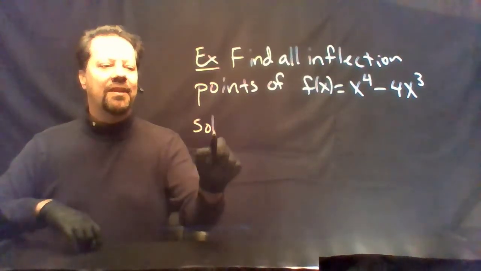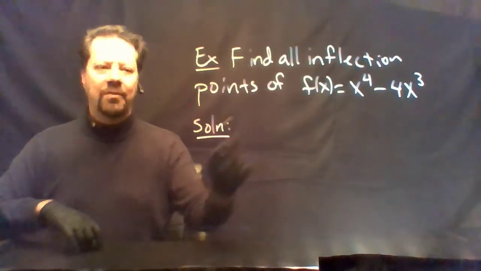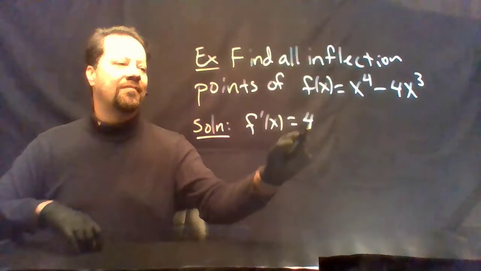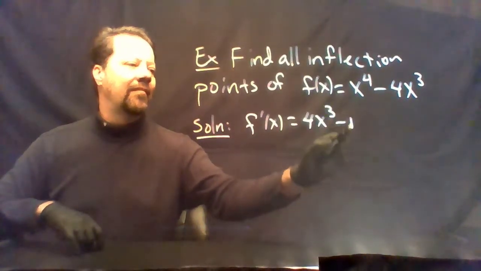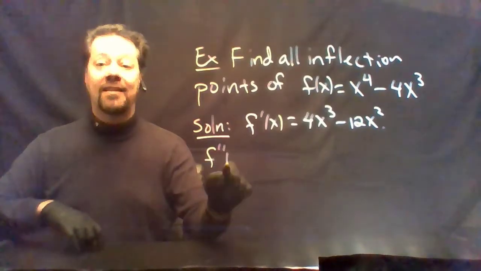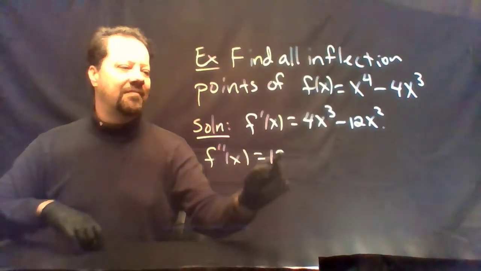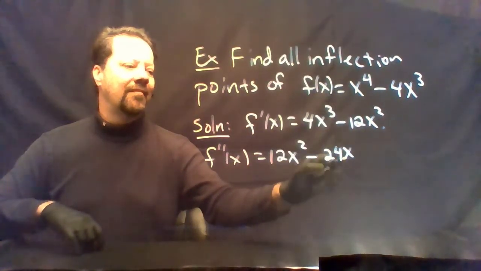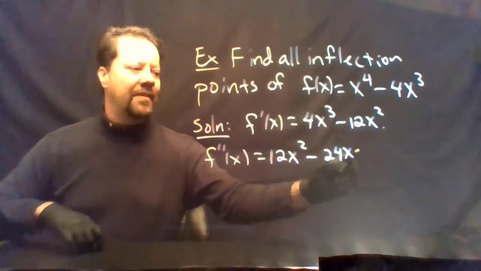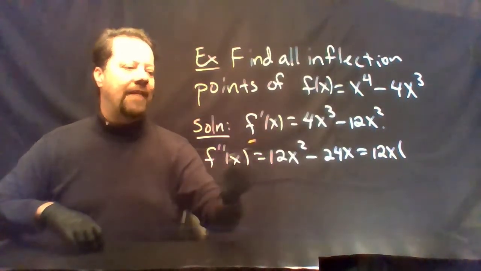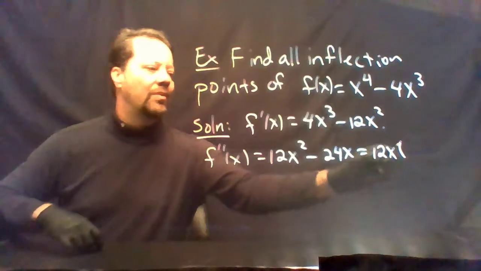In our solution, we begin by calculating the derivative, and then the second derivative. We'll factor the second order derivative. It looks like a 12x can be factored out, leaving x minus 2.